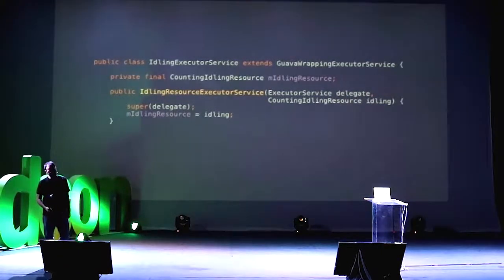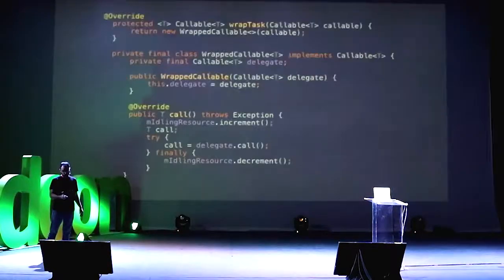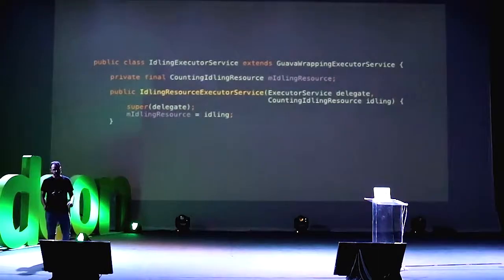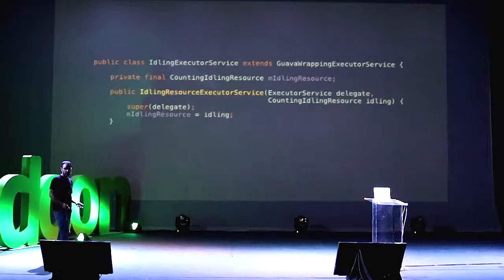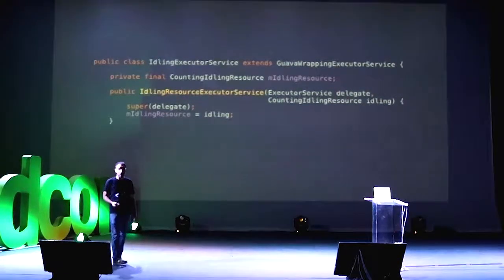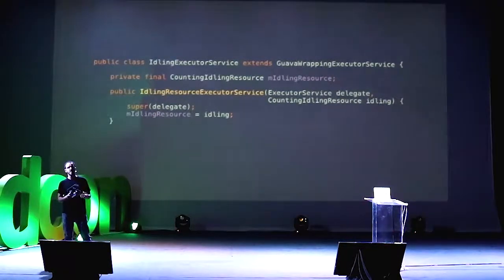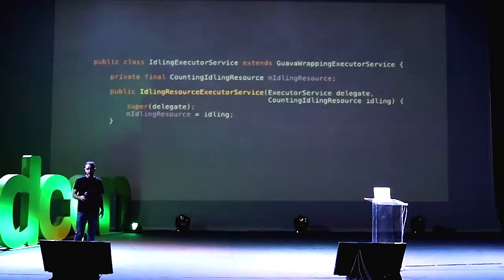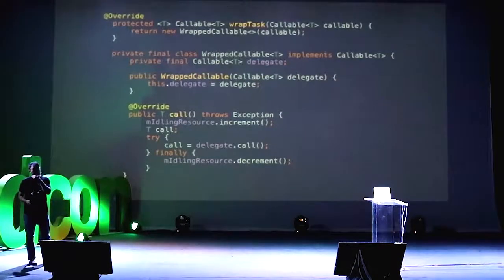So in this example, we have an idle executor service, and we have two variants, right? A handling idle resource and an executor service. Handling idle resource is like an idle resource, but it handles the idleness in an atomic way, right? And then we are sending an executor service to this class. How does it work?